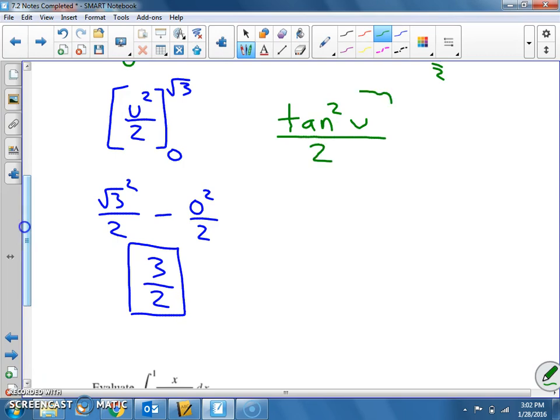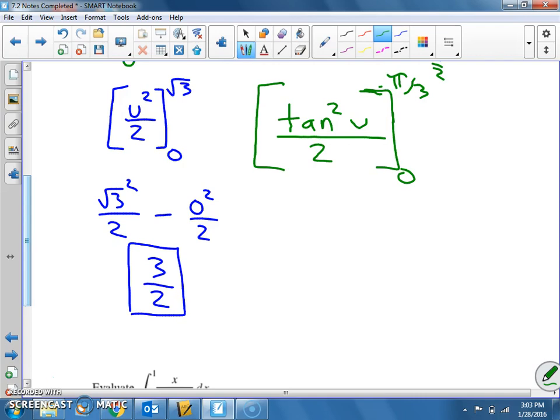And we would be evaluating this from 0 to pi over 3. Okay, so what would the tangent of pi over 3 be? We already said what that was, right? It was radical 3. So it'd be radical 3 squared over 2, which is 3 over 2.